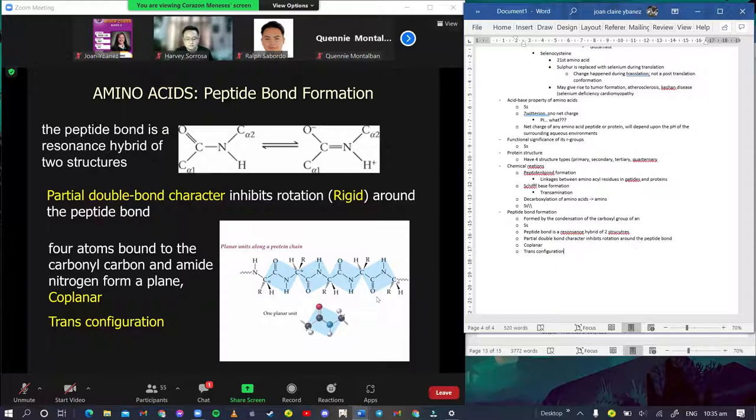When you say trans, they are opposite. The atoms are opposite each other. You look at the CO, they are opposite each other. That is the meaning of trans configuration.